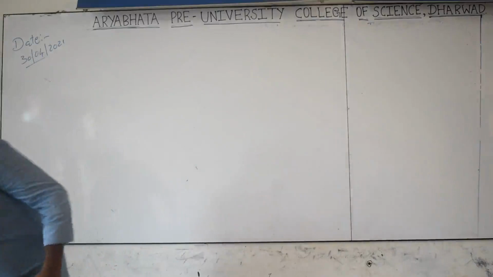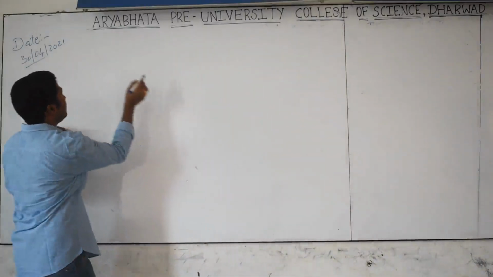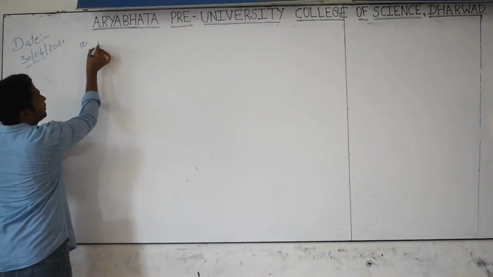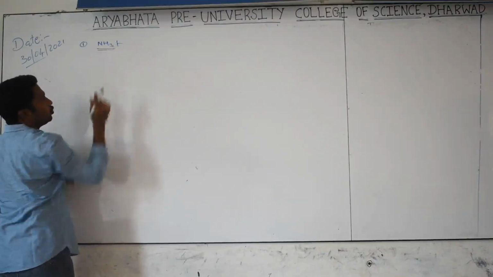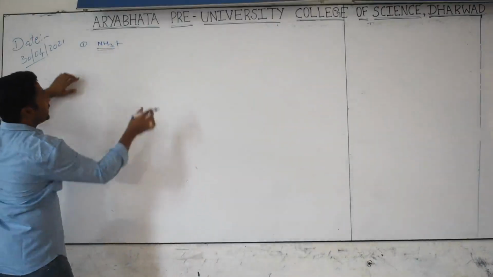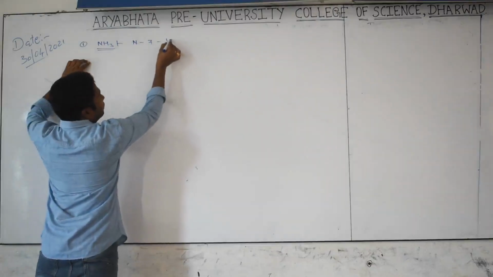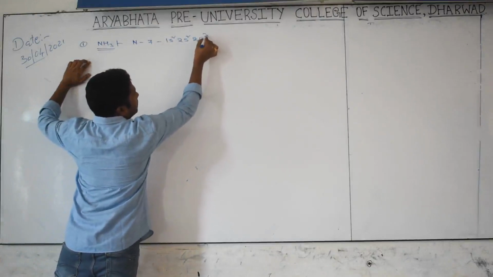Now we will see some examples of how they are involved in bond formation. First molecule: I am explaining the formation of the ammonia NH3 molecule through the overlapping process. Check it. Nitrogen, atomic number 7, configuration 1s2, 2s2 and 2p3.